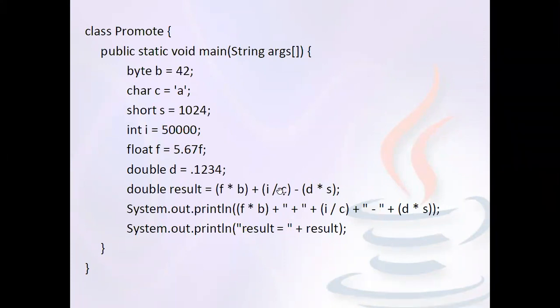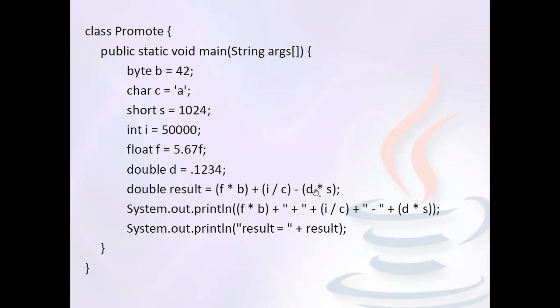Then i divided by c. i is an integer, and c is a character, which will automatically take its 8-bit value, so this will become of the integer type because integer is the higher type.